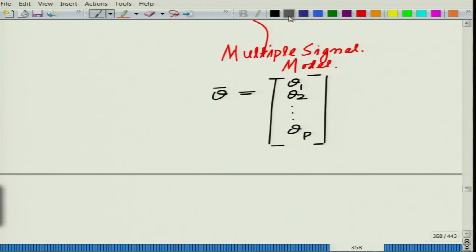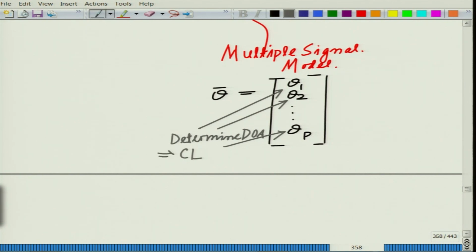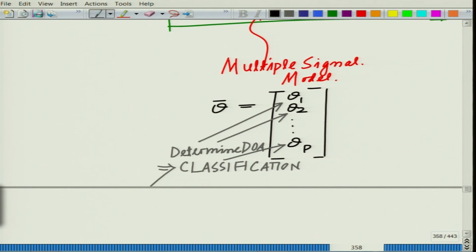We want to determine these DOAs, and this is nothing but the classification part.